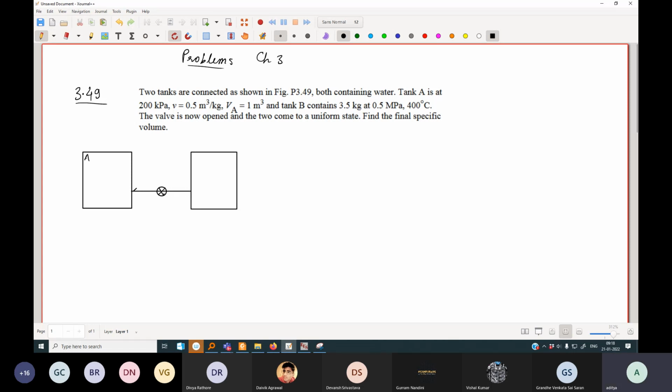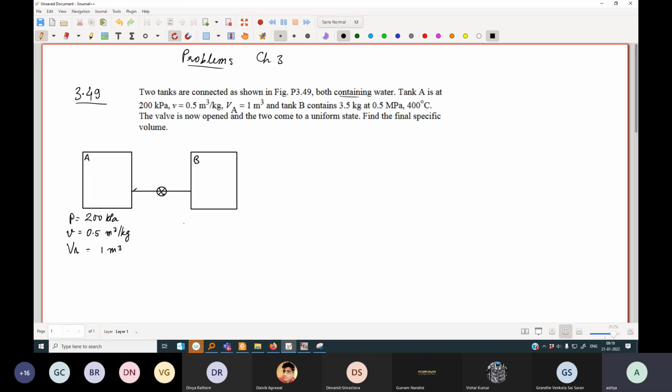So this is tank A and this is tank B, and they both contain water. Tank A is at 200 kilopascal, and the specific volume is given as 0.5 meter cube per kg, and the total volume is 1 meter cube.